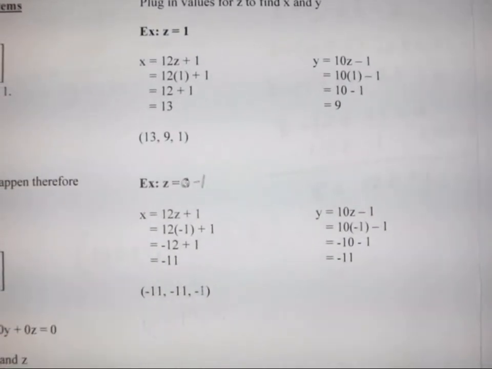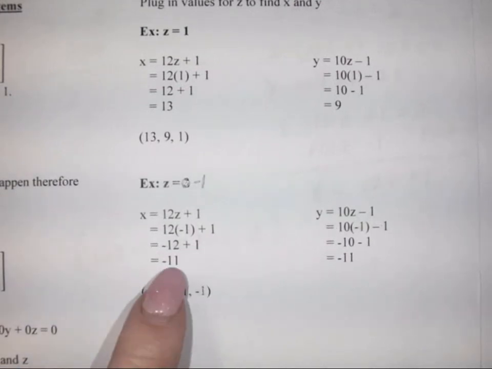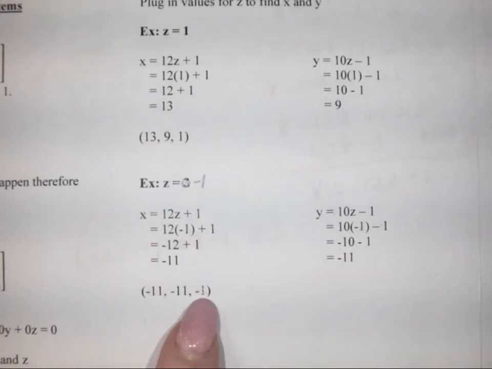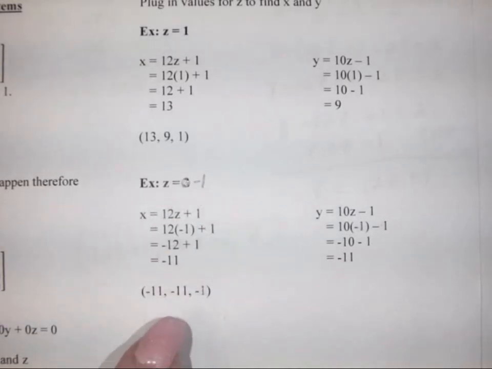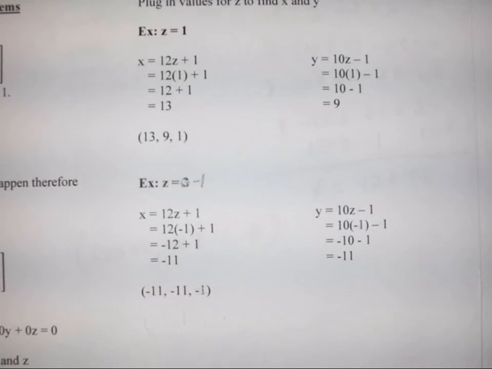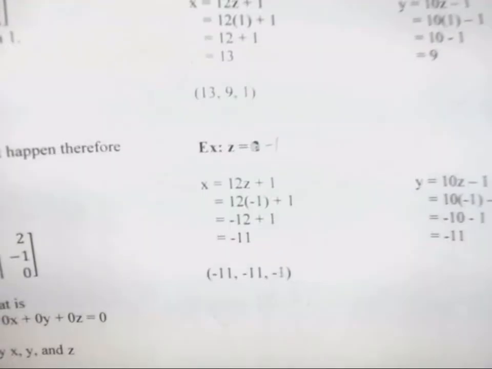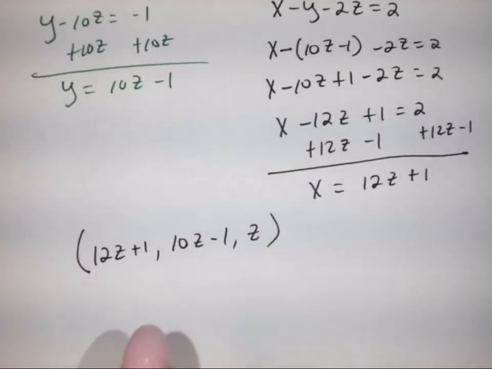On this one, if I do z equals negative 1, I end up with x equal to negative 11, and y is also equal to negative 11. And my z is still equal to the negative 1 that I chose. So with that, you get another ordered triple. So that just gives you some ordered triples that work for it, but the solution you would type into your homework is going to be this.